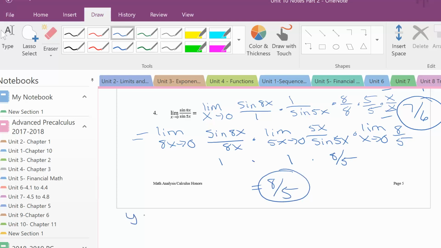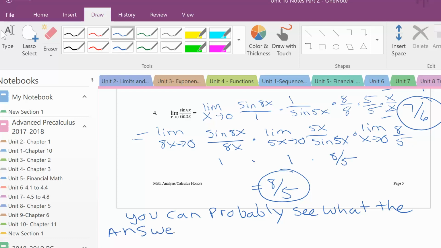Now, you can probably see a pattern. And I'm writing this out because I want to make it clear. You can probably see a pattern without doing the work.